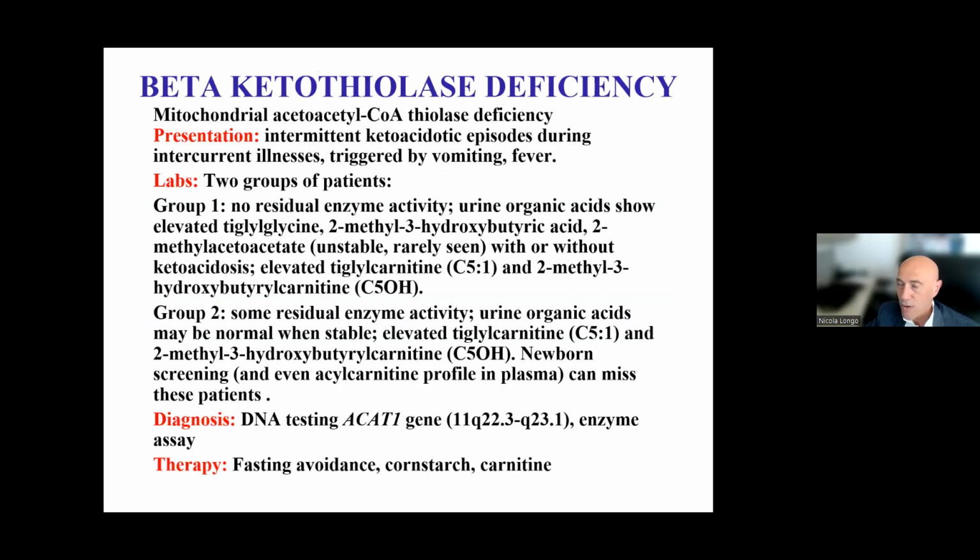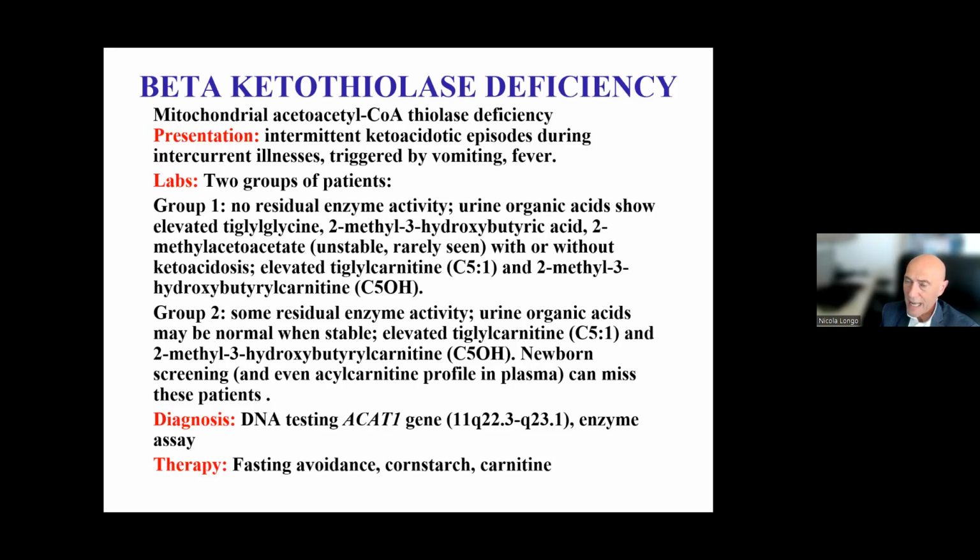So this is the typical presentation of beta-ketothiolase deficiency, where you have intermittent ketoacidotic attacks that are triggered by infection and fever. And there are two groups of patients. Some have no residual enzymatic activity, where the urine organic acid shows characteristic metabolites, and the plasma carnitine profile most of the time is abnormal. I think that our patient was intermediate, he had some residual enzymatic activity.